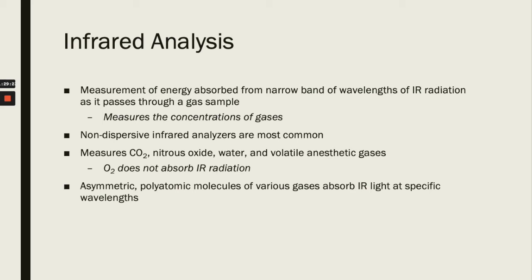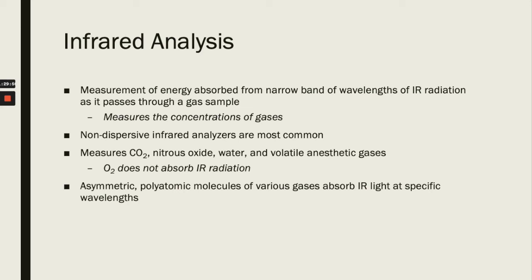It measures CO2, nitrous oxide, water, and volatile anesthetic gases. O2, so oxygen, does not absorb IR radiation. So mass spec could analyze oxygen, but infrared analysis does not. We have these asymmetric polyatomic molecules of various gases, and they absorb the infrared light at specific wavelengths.